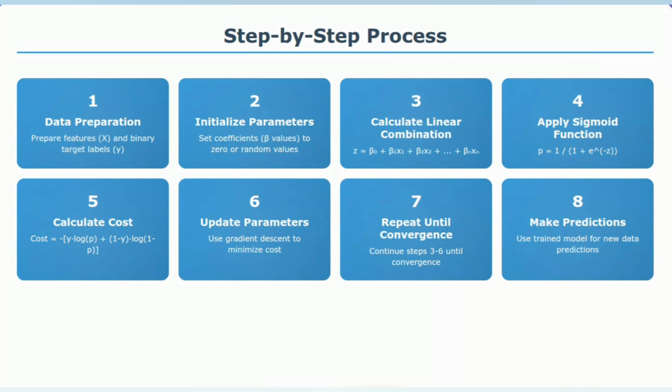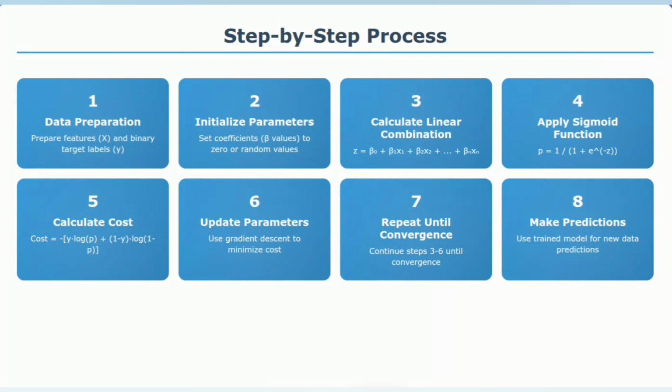Step 5. Calculate cost. We use the log likelihood as our cost function. For binary classification, this is cost = -[y log(p) + (1 - y) log(1 - p)]. Step 6. Update parameters.